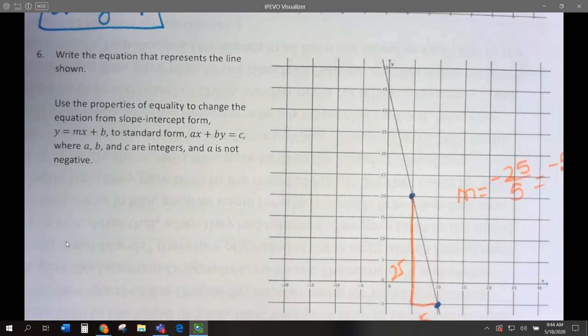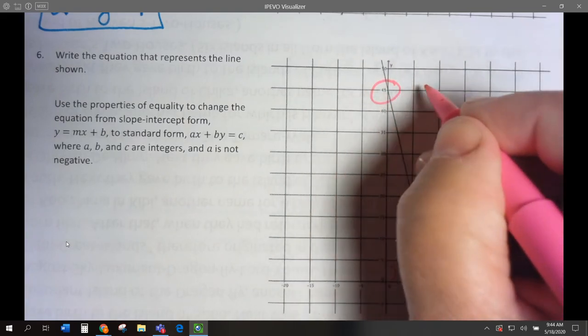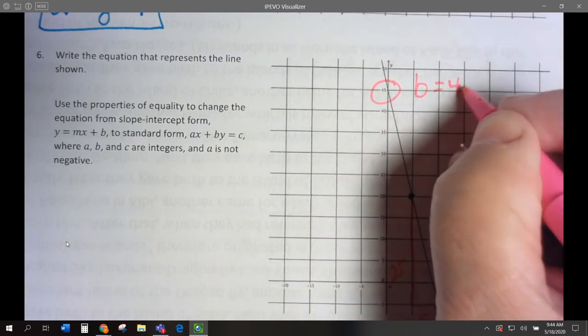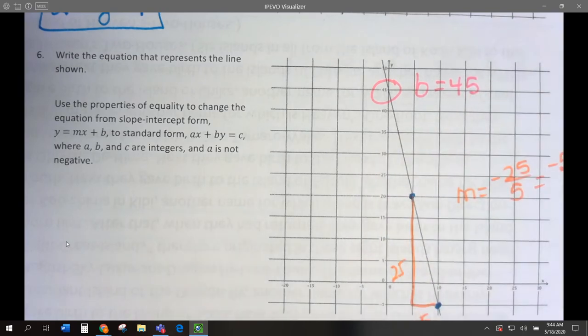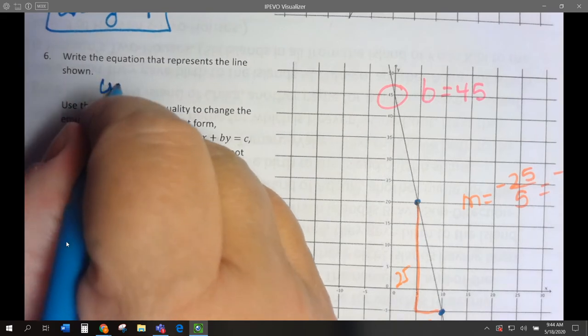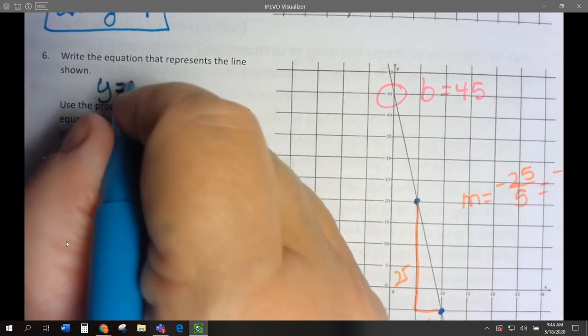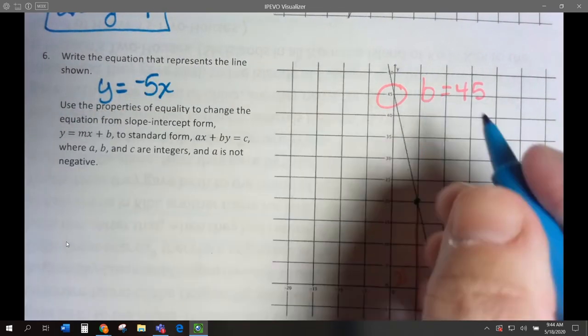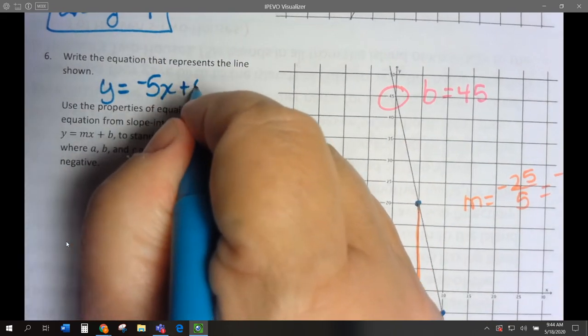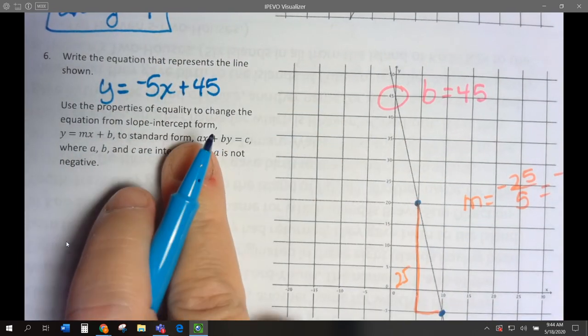And my b is going to be 45. So we write our equation. y equals mx plus b. y equals negative 5x plus 45. That's slope-intercept form.